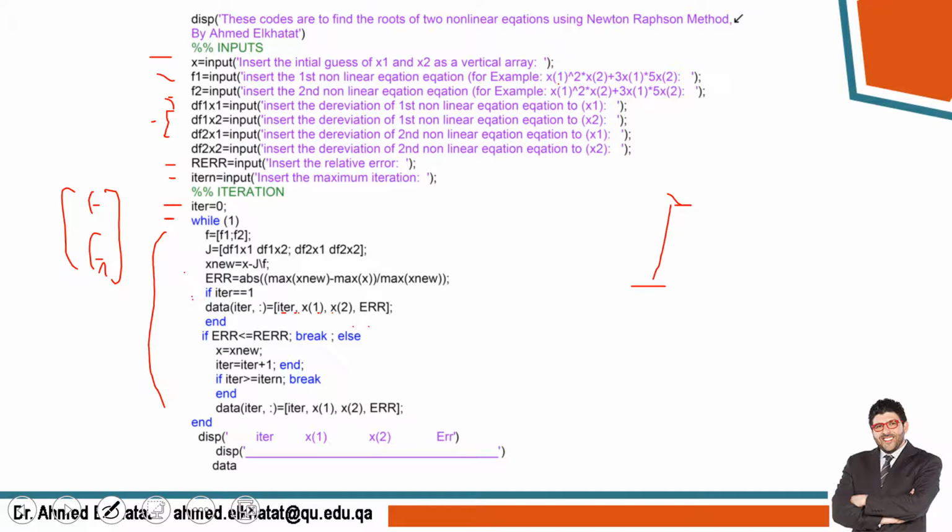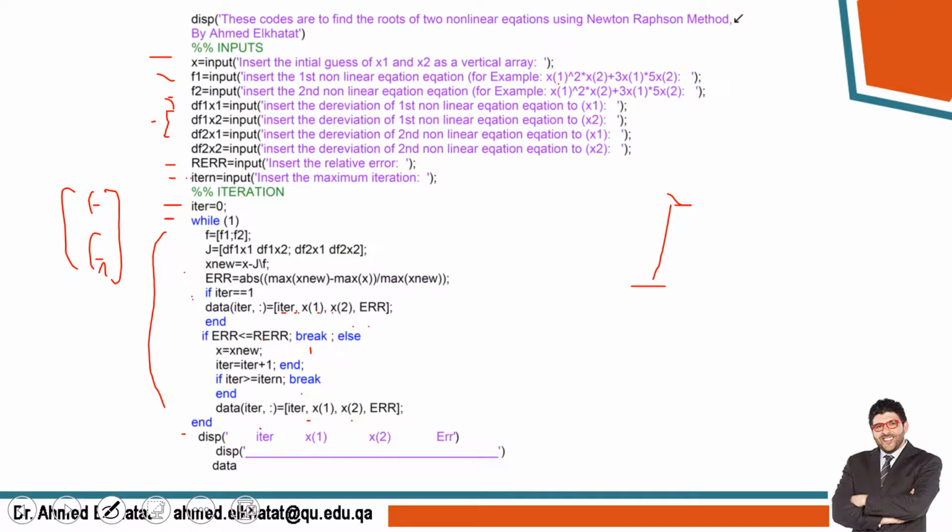If the error is smaller than or equal to the relative error, then break. Otherwise, x equals x new, and iteration equals iteration plus 1. And if iteration is larger than the maximum iteration, then break, end, and then display all the data.